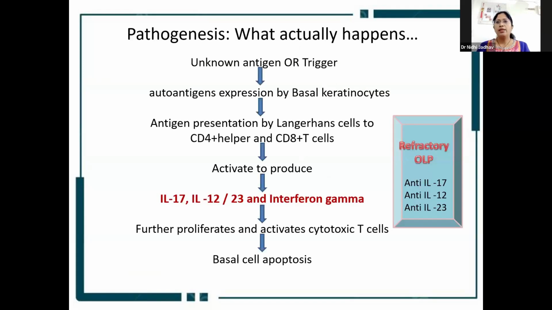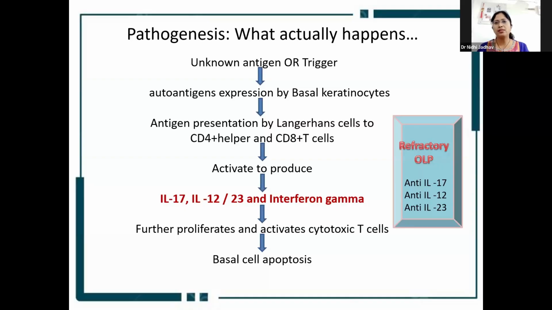We should be in a position to eliminate the occurrence of any further lesions and also prevent its conversion to oral cancer. When coming to the pathogenesis, most of you are already aware. Just to brief you in short, because this relates to the treatment strategies that we are going to apply in the future slides. What we know of lichen planus is that there is some unknown antigen or trigger. It causes autoantigen expression by the basal keratinocytes in the epithelium.